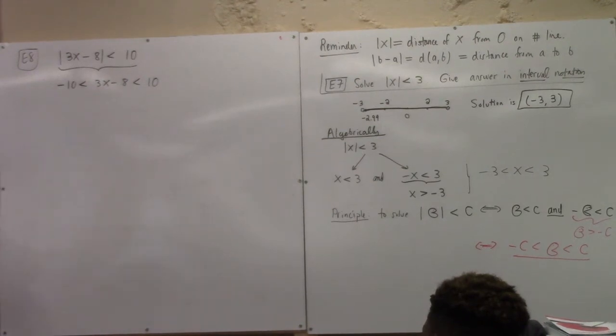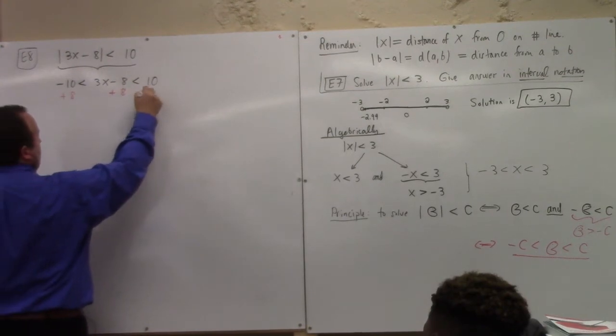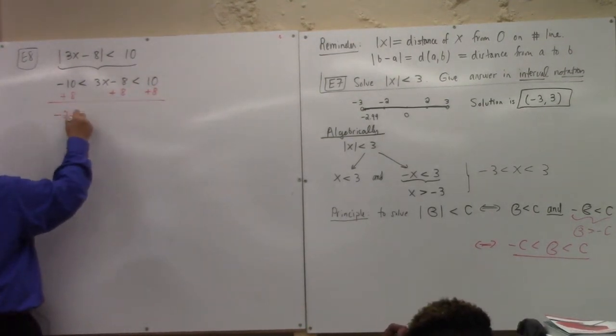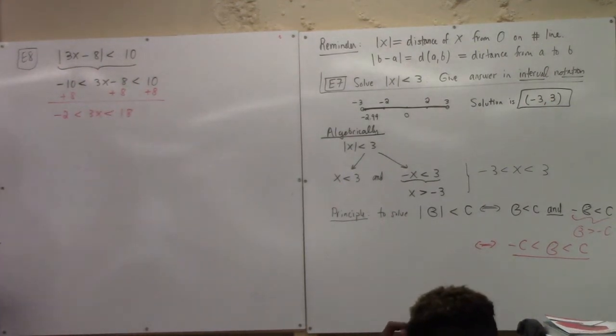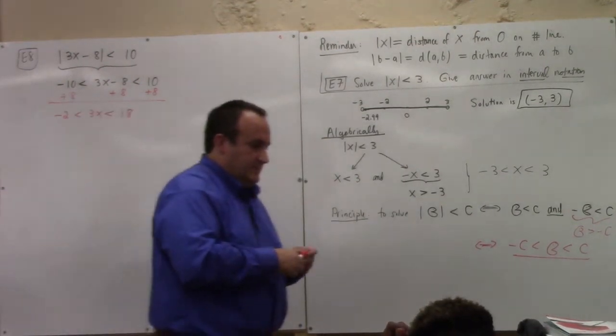Anyway, now we have this. What can you do? How about add 8 across it? If we add 8 across the inequality, what do we get? Minus 2 less than 3x less than 18, right? And then what do I do? Divide by 3. We have a winner.